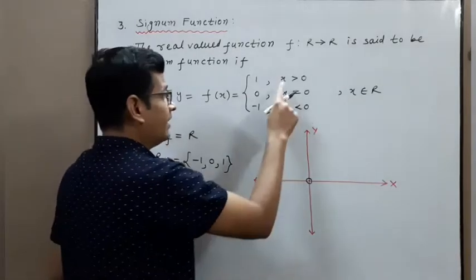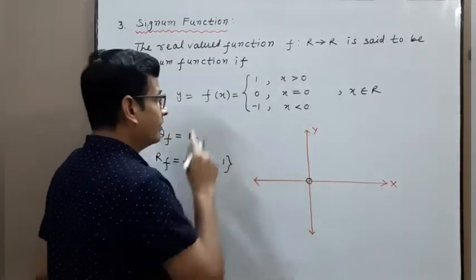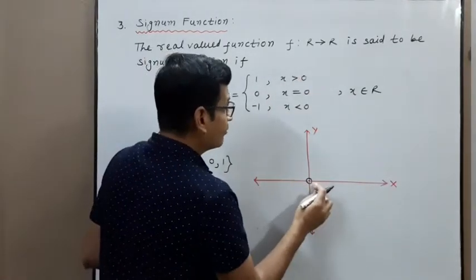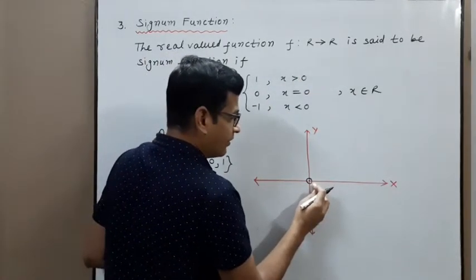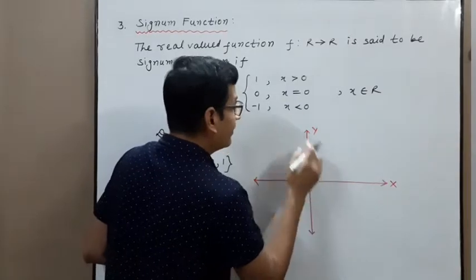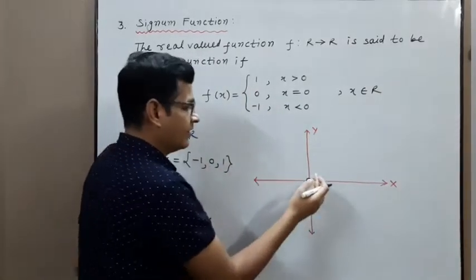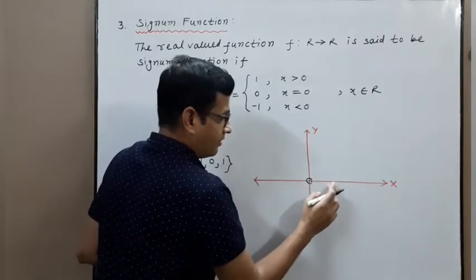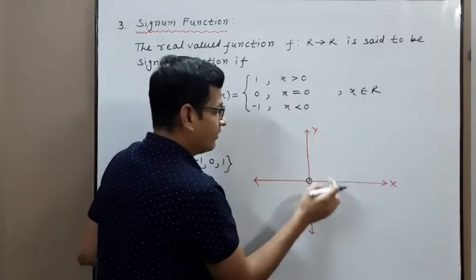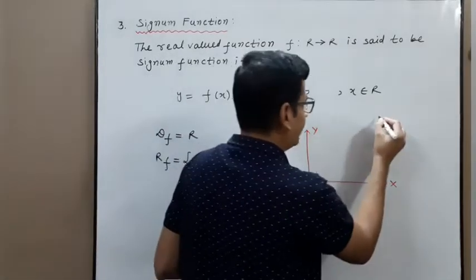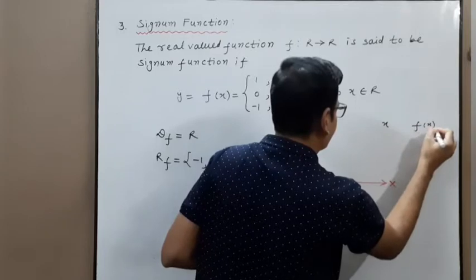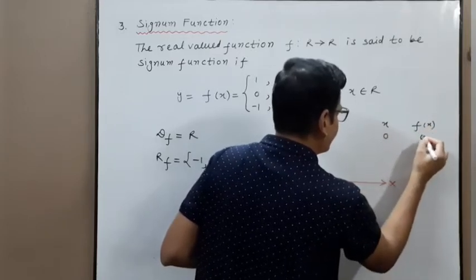After this, when x is greater than 0, the value of f(x) is 1. For x equal to 0.1, the value of f(x) is 1. At 0.2, the value of f(x) is 1. At x equal to 1, the value of f(x) is 1. In this way, here x and here the corresponding value of f(x). For x equal to 0, f(x) equal to 0.